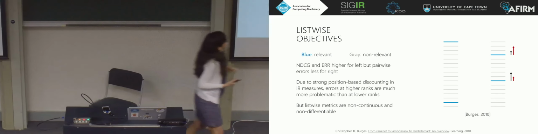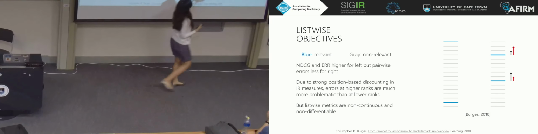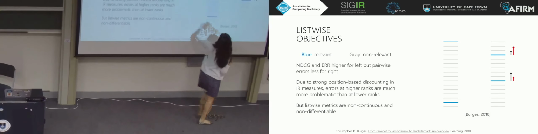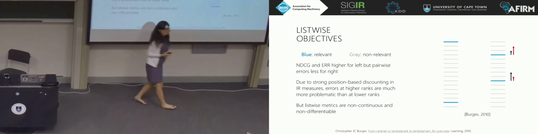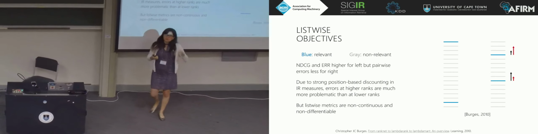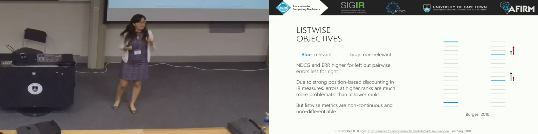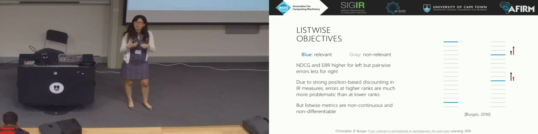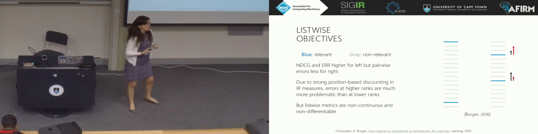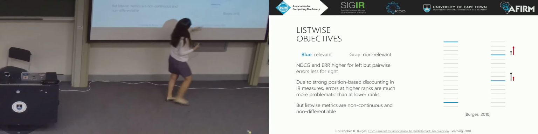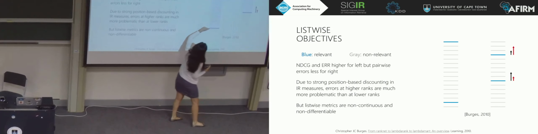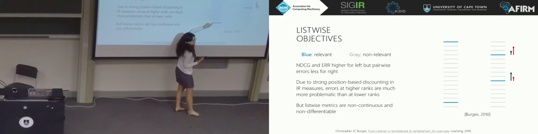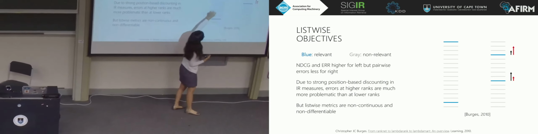Let's assume that you have these two rank lists and you have these blue documents that are relevant. In the previous case, we were focusing only on pairwise errors, and we were trying to fix these pairwise errors. But in this case, you have quite a few pairwise errors because this item is ranked above all of these non-blue items.